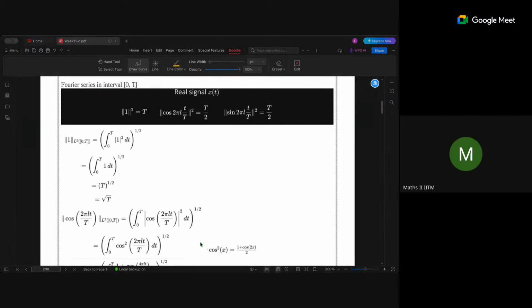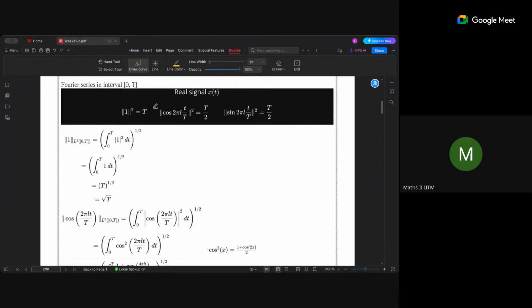In L2 of 0 comma T, it is the integral from 0 to T of modulus of 1 squared dt, whole power 1 by 2. The integral of 1 is just T minus 0, so T to the power 1 by 2, which is square root of T. Is it clear why norm 1 squared is equal to T?